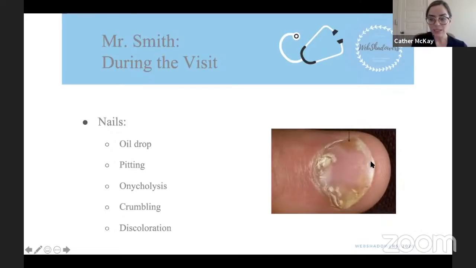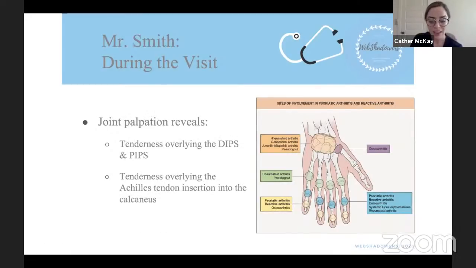Onycholysis means the end of the nail is coming up, and that's not normal. Crumbling, where the nail plate becomes crumbly and crumbles off. And discoloration, of course, like yellowing. So there's a lot going on in that nail, and that tells you a lot.